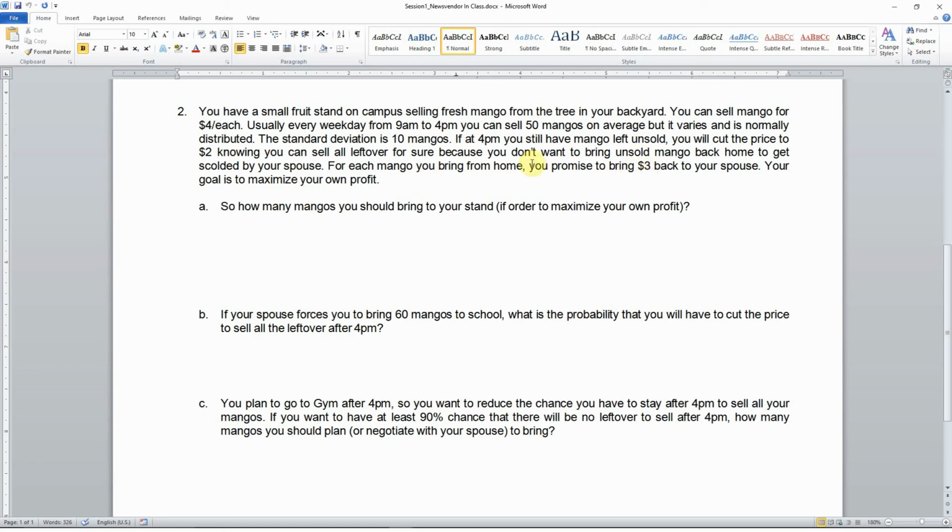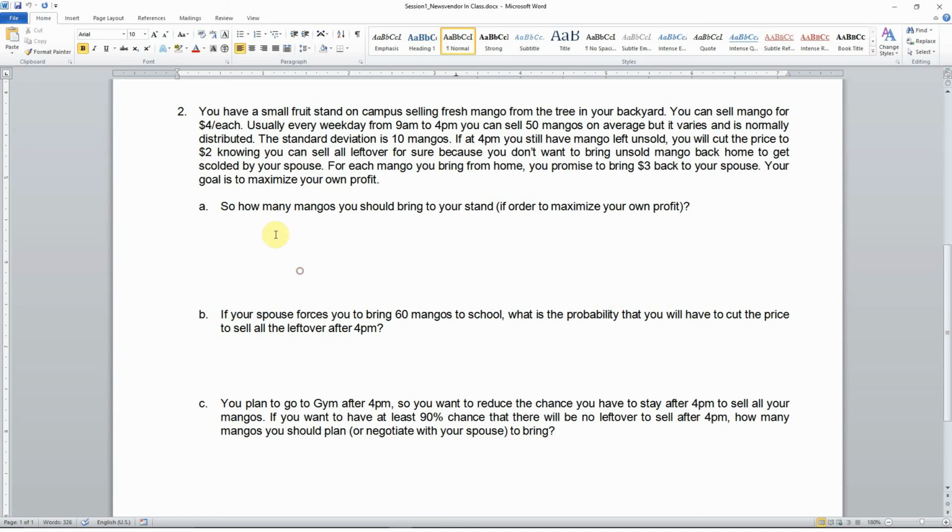We want to maximize our profit. So how many mangoes should we bring to our stand? In other words, this is going to be a Newsvendor type problem because we need to figure out how many we should order before we know what the demand is, or how many we should have on hand before we know how many are going to be bought.